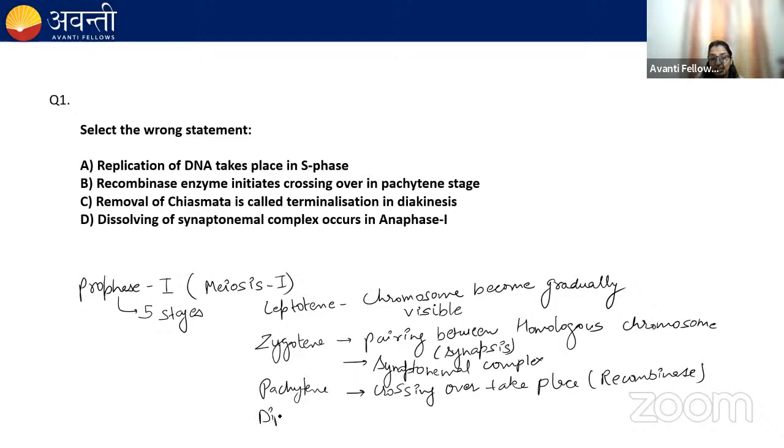After pachytene is diplotene. And in diplotene, dissolution of the synaptonemal complex occurs. But when the synaptonemal complex dissolves, the chromosomes remain attached at the site where the crossing over has taken place. So they form an X-shaped structure, which is known as chiasmata.